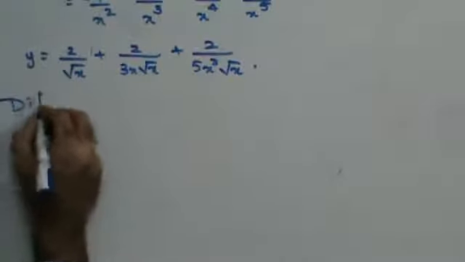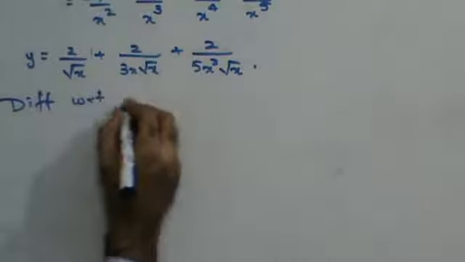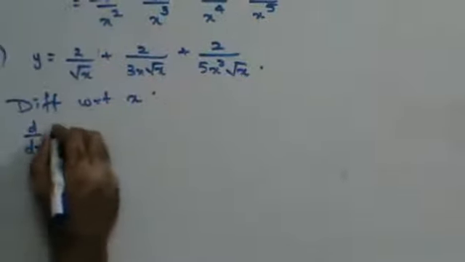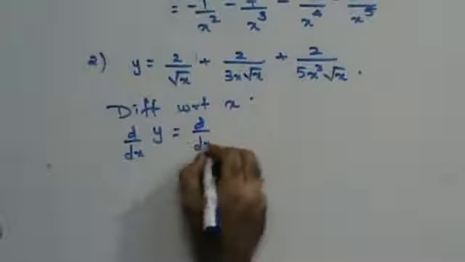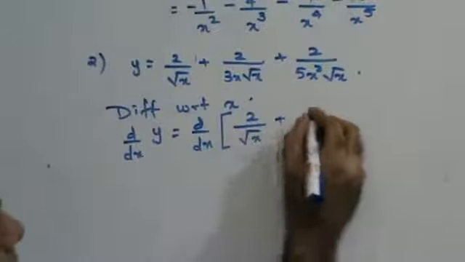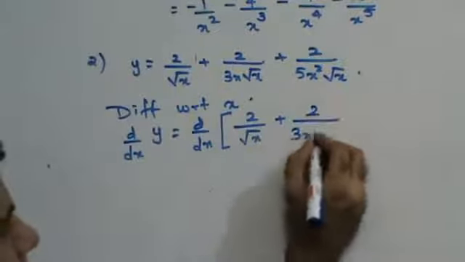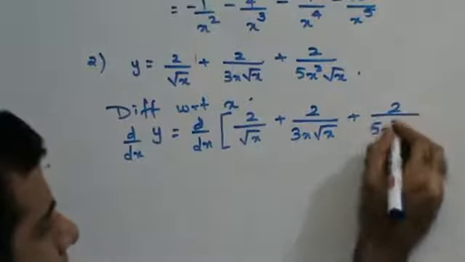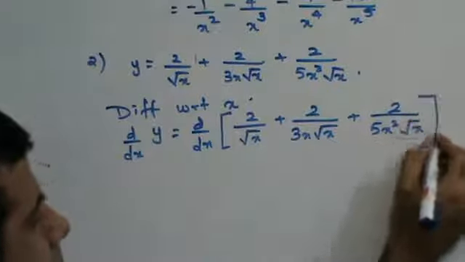You will say differentiate with respect to x. That means you multiply both sides by d by dx. So d by dx of y is nothing but d by dx of 2 upon root x plus 2 upon 3x root x plus 2 upon 5x square root x.